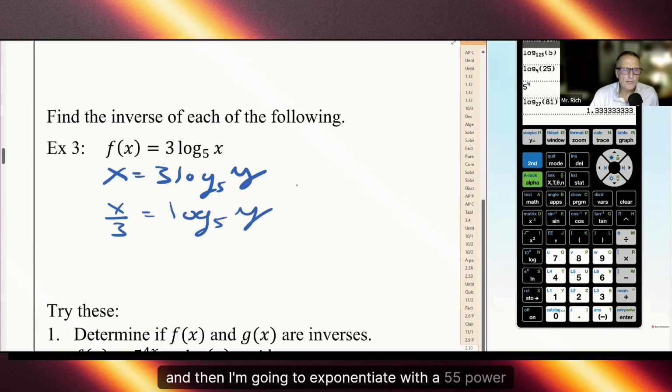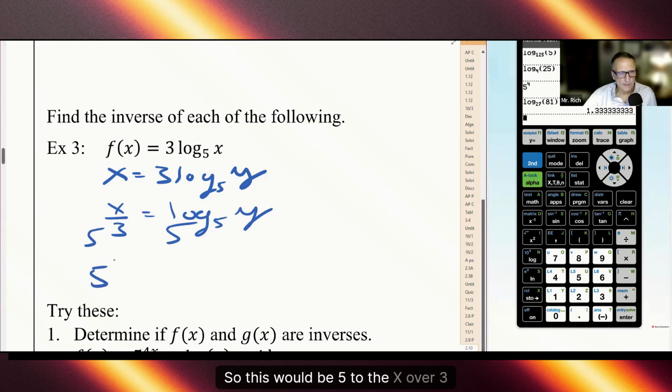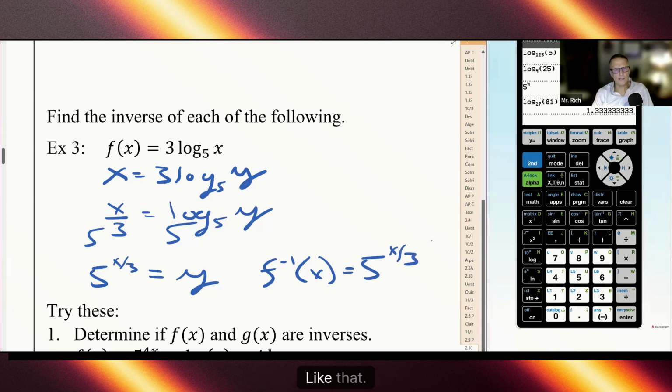Okay, and then I'm going to exponentiate with a base 5 on both sides. So this would be 5 to the x over 3 is equal to y, and that would be the inverse function. So the inverse function would be 5 raised to the x over 3, like that.